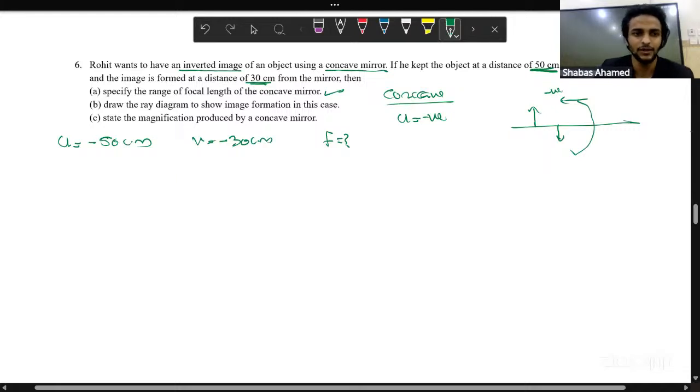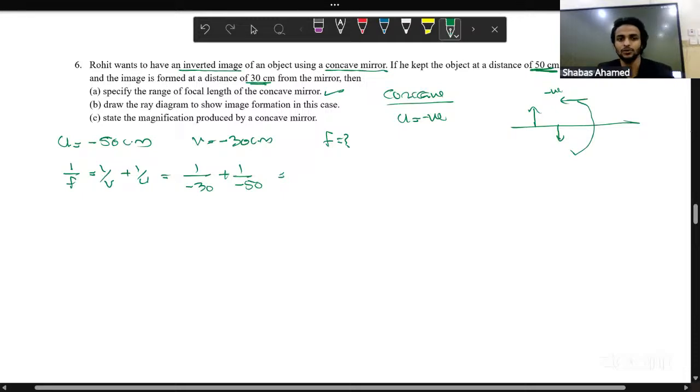Let's find that. We know by the mirror formula, 1 by F is equal to 1 by V plus 1 by U. Substituting here, 1 by V is minus 30, then plus 1 by minus 50. That is equal to minus 50 plus minus 30 divided by minus 30 into minus 50.